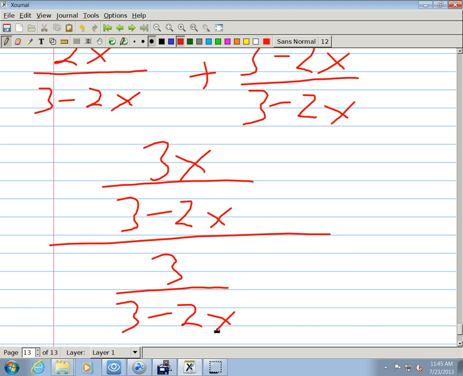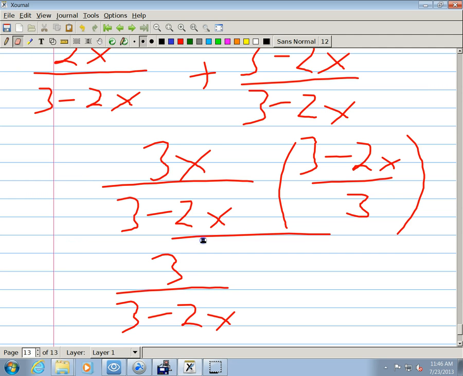All right, so now how do you divide that fraction on the bottom, 3 over 3 minus 2x, into the top? Multiply with the reciprocal. 3 minus 2x over 3 is the reciprocal, right?